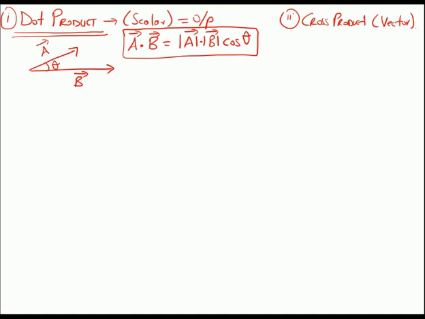Putting it in simple terms, dot product basically tells us what is the projection of one vector onto the other. In this case, what is the projection of vector A onto vector B?